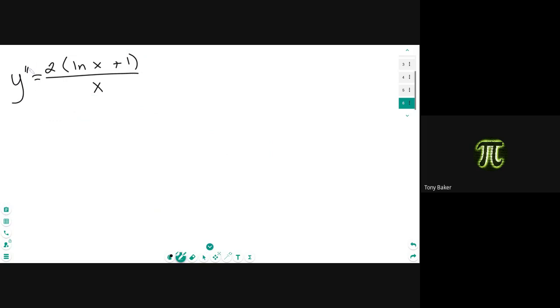So I need to find my critical numbers for this. So how do I find my critical numbers? Set it equal to 0. So 2 ln of x, or ln of x equals -1.